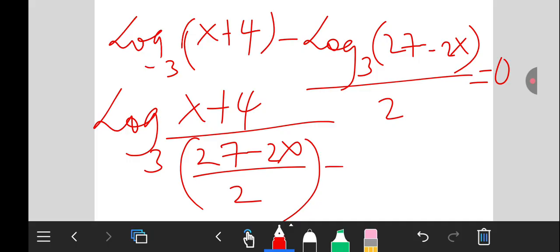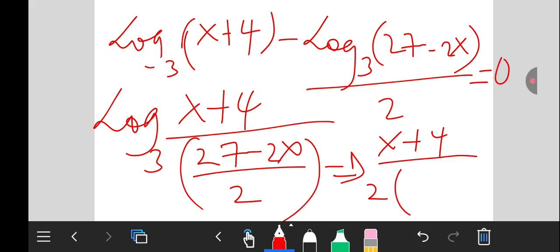So this expression can also be written as x plus 4 over 2 times 27 minus 2x. So that's the implication there.